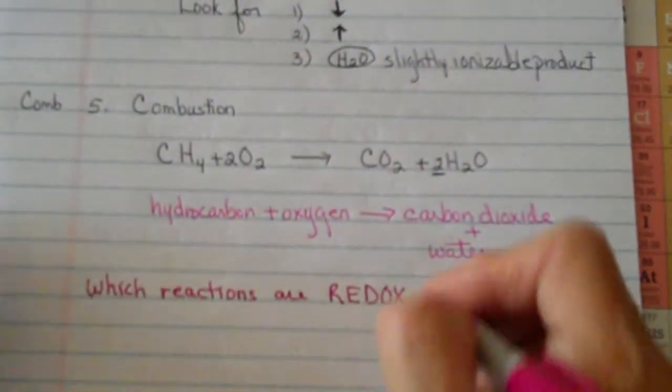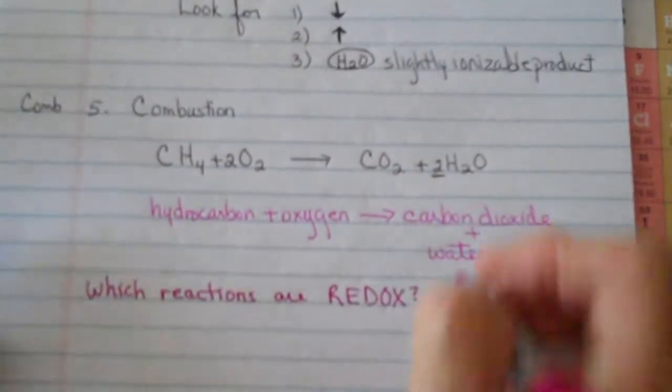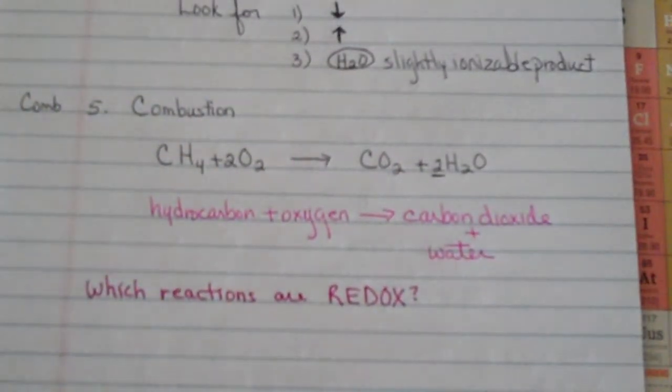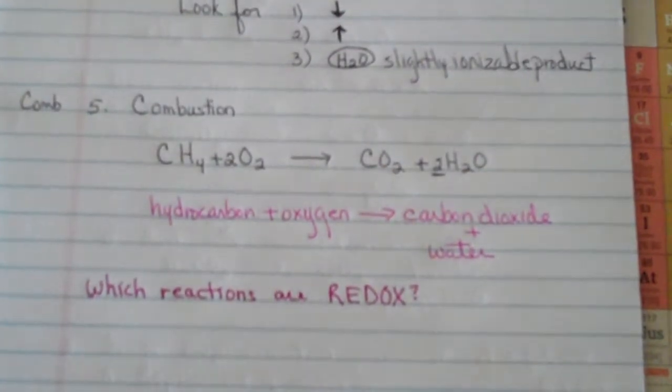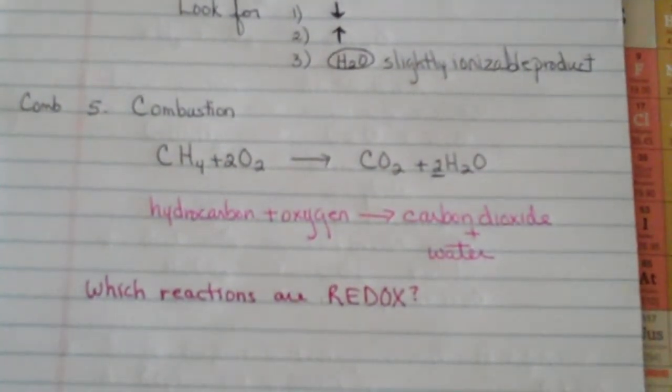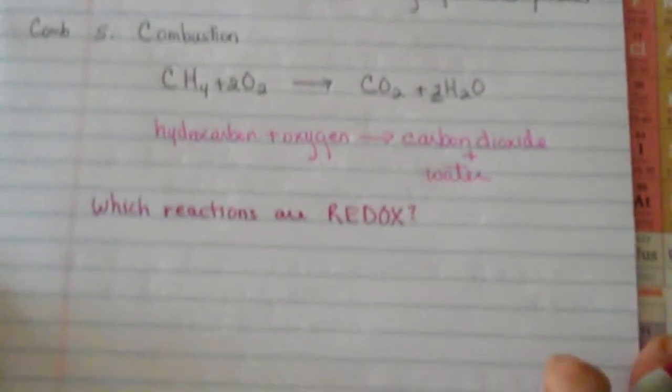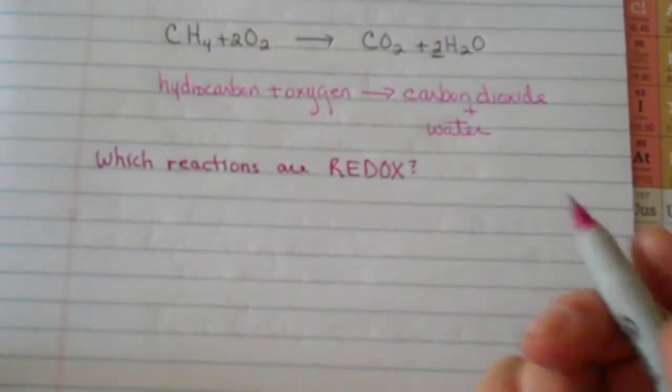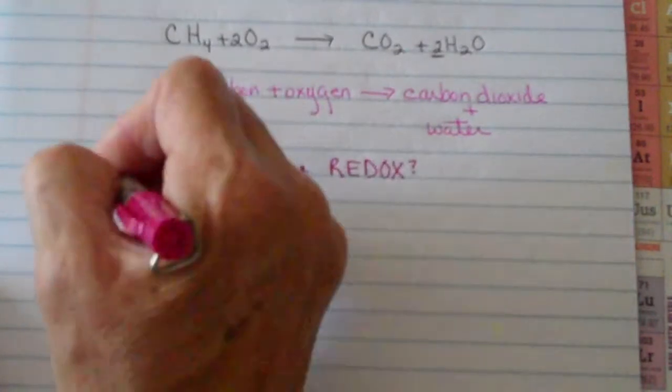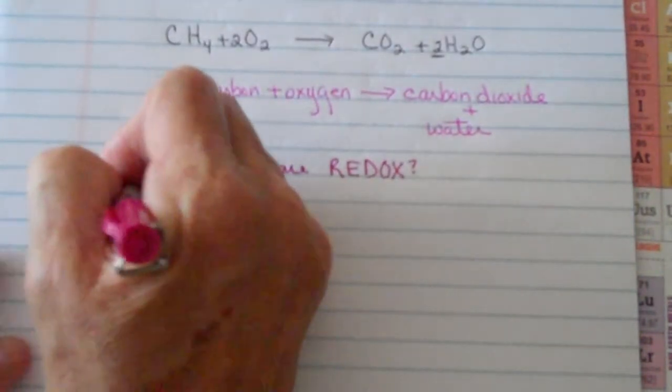4 out of the 5. Let's find them. First, we'll define what it means if you have a redox reaction. Two processes are taking place if it's a redox reaction. The first reaction that takes place is called a reduction.